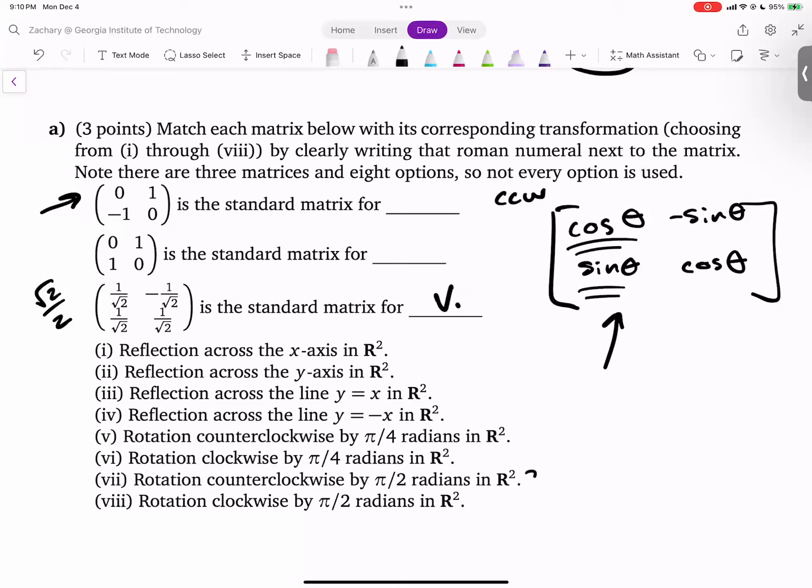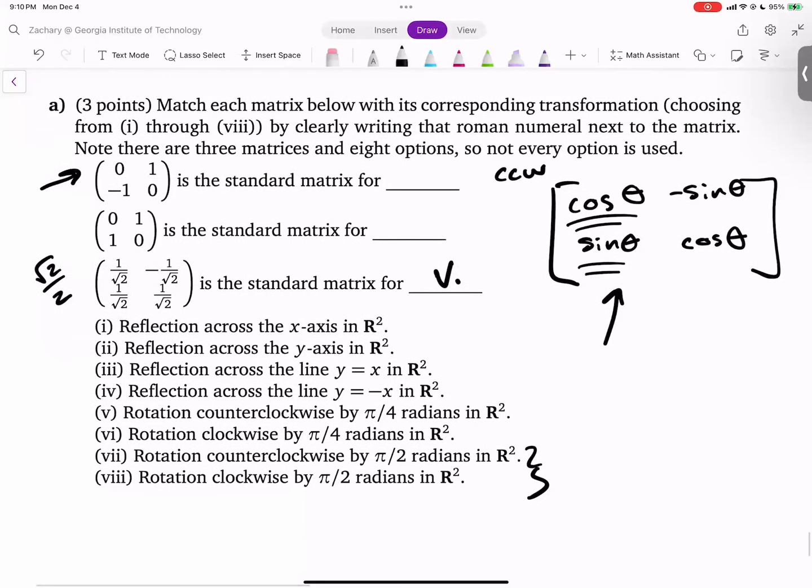So pi/2 is what these correlate to. Now is it clockwise or counterclockwise? If it were counterclockwise, it would be 0, -1, 1, 0. But since this is negative, it has to be clockwise. So this one is V, I.